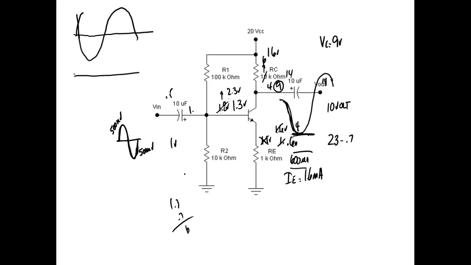So what would the beta of the circuit be? Well, it'd take a lot of math to calculate. But for every volt that comes over here, we get times 100 over here, or times whatever the beta is. Which is pretty neat.